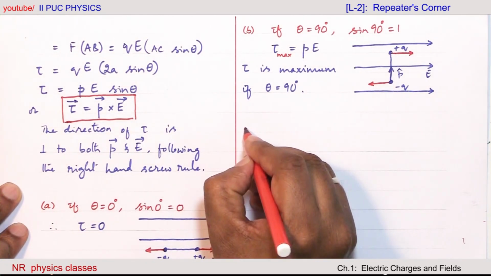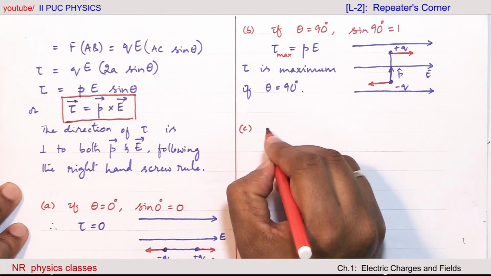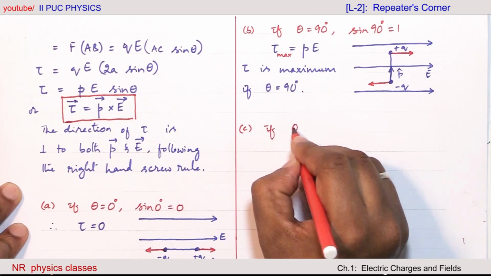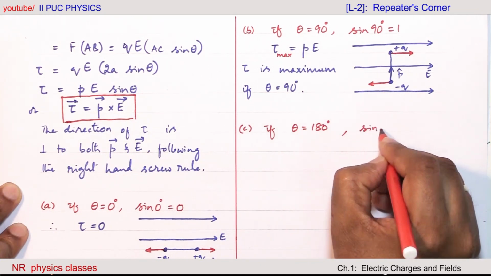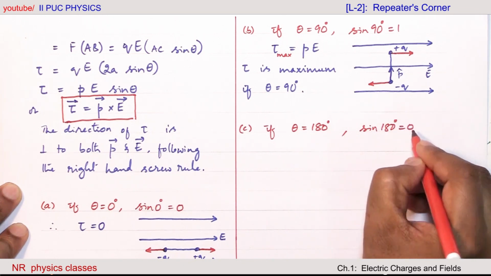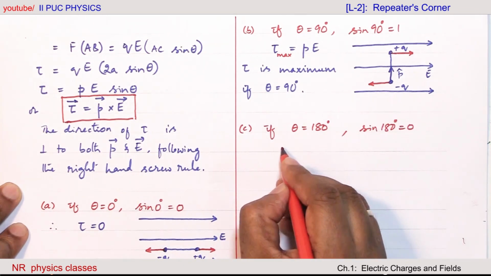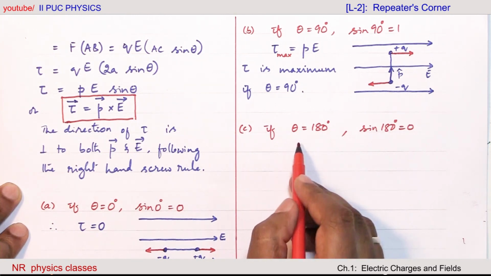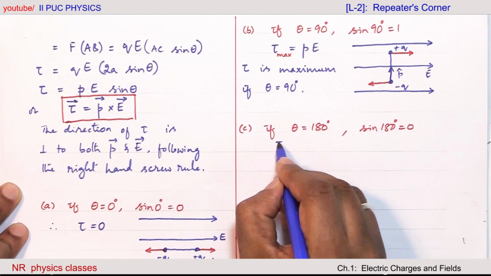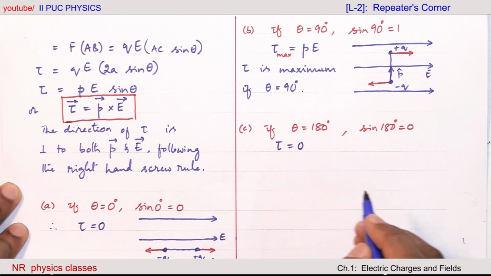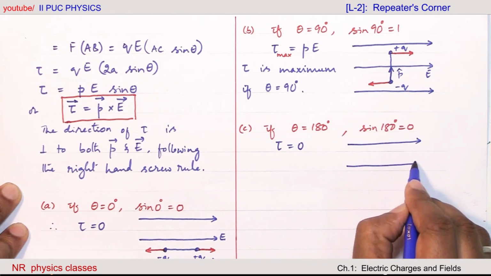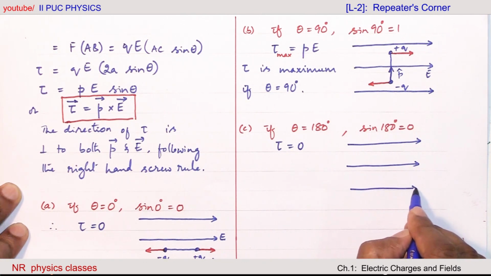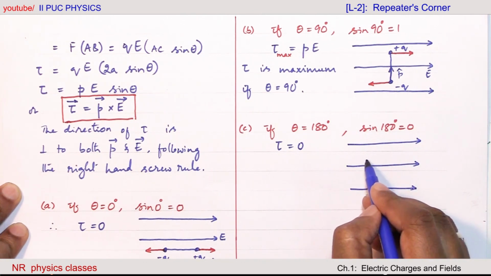Now, third case, if theta is 180, then sin 180 equal to 0. If sin 180 is 0 means again torque equal to 0. Electric field. Now we should make theta 180. Let this be the dipole.